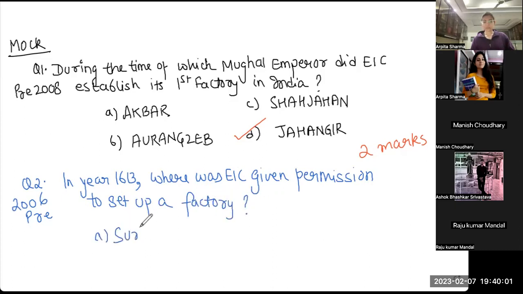Option A is Surat, option B is Patna, option C is Madras, and option D is none of the above.